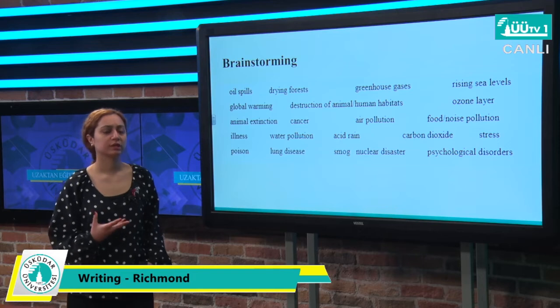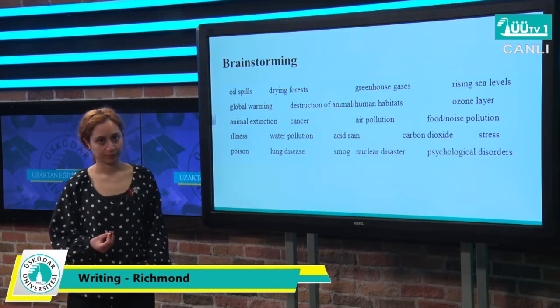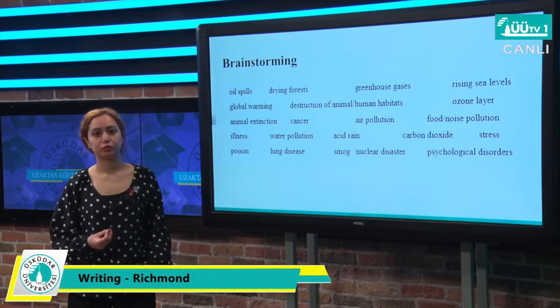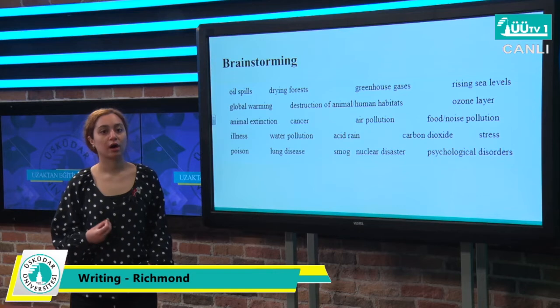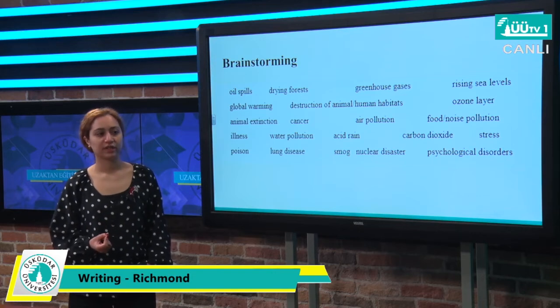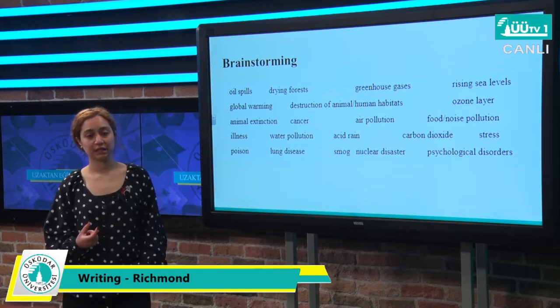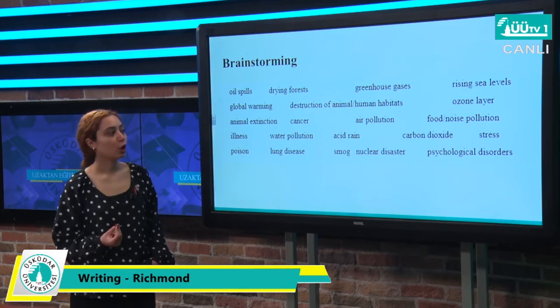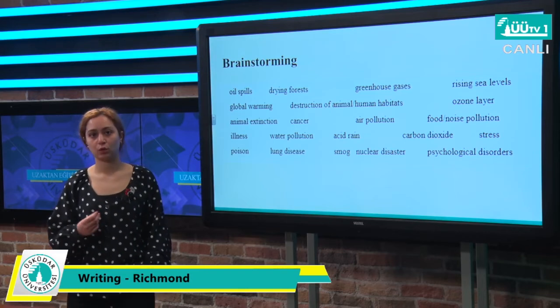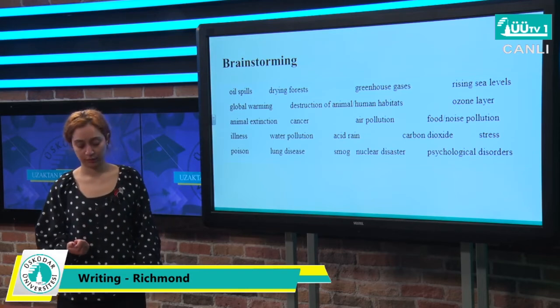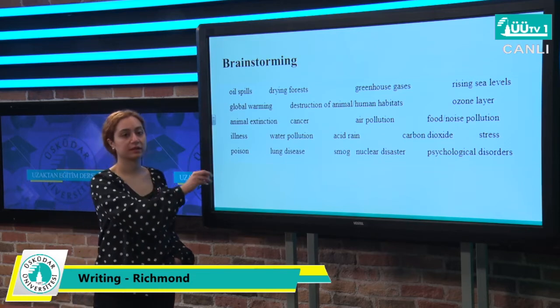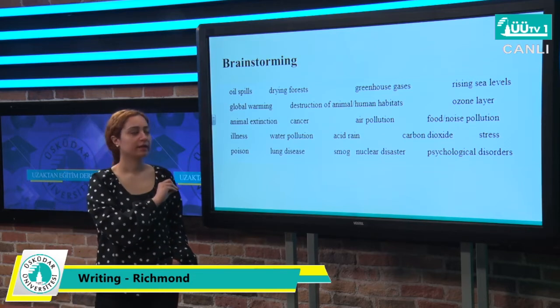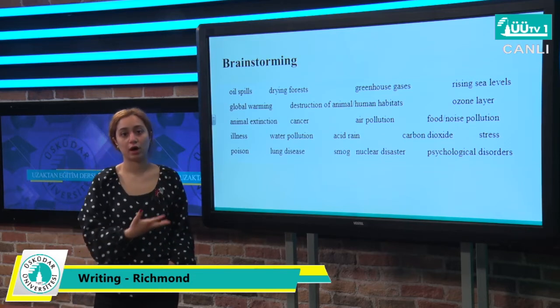So after doing the brainstorming, now we can move forward with our outline. So the goal of doing the brainstorming is actually to know what we will write on our outline. We will pick some ideas from here and we will create our outline.